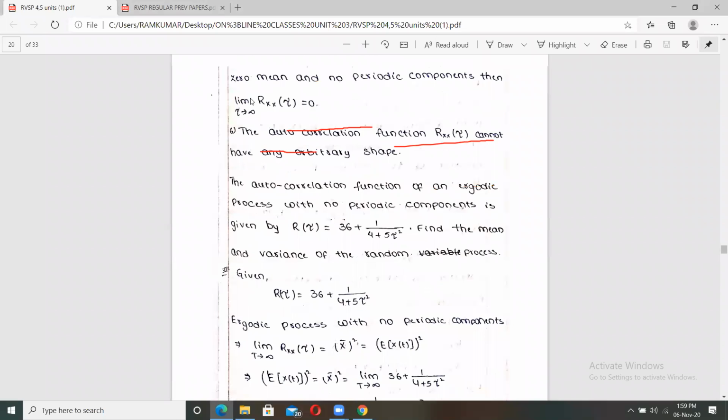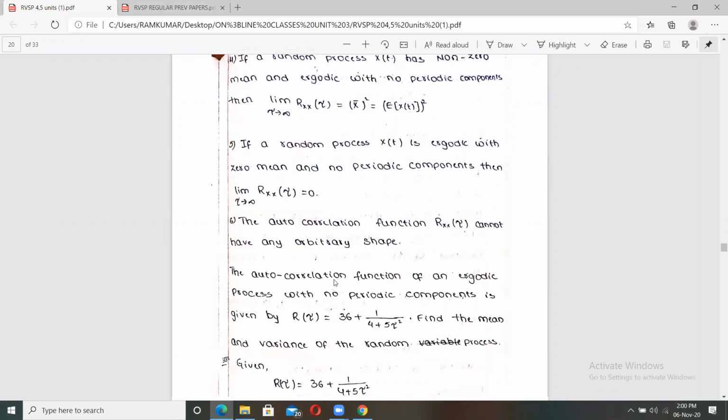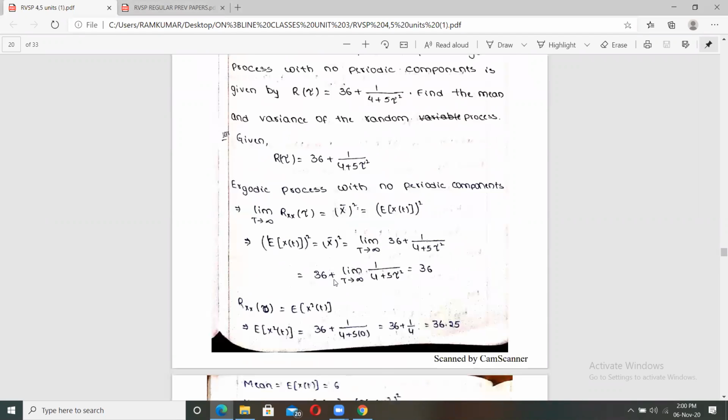Coming to the fourth property: if a random process x of t has non-zero mean and is an ergodic process with no periodic components, then limit tau tends to infinity R of tau equal to E of x of t whole square.